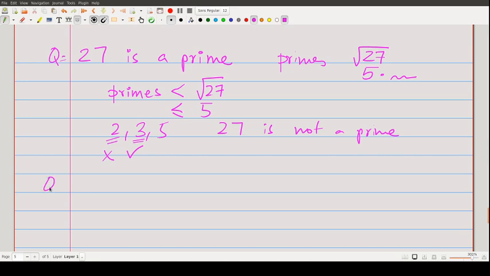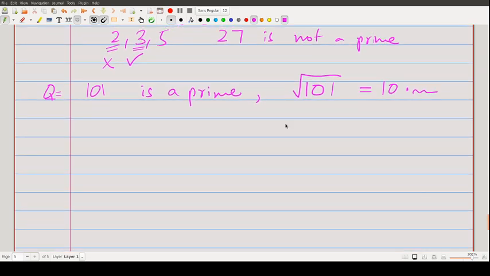Similarly, if you want to check whether 101 is a prime or not, all you need to do is check primes less than the square root of 101, and the square root of 101 is definitely going to be 10 point something, because the square of 10 is 100, so we need to check all primes less than 10.